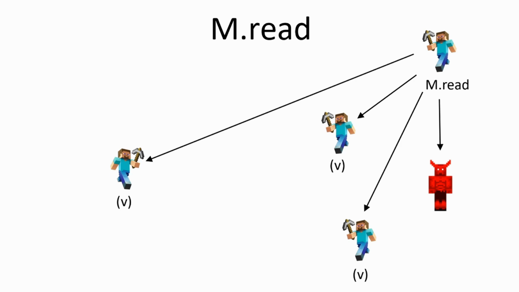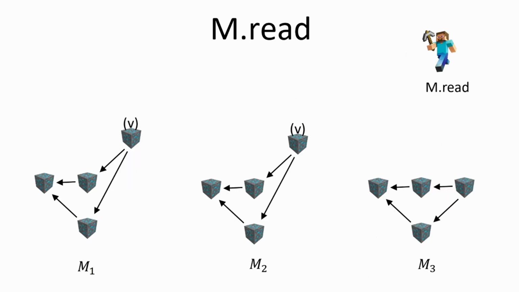Now, if another node would like to read the current state of the memory, this node would send a read command to all other nodes in the network. It will then receive snapshots of the views of the single nodes as a response. And from these views, it would need to reconstruct the current view of the memory.